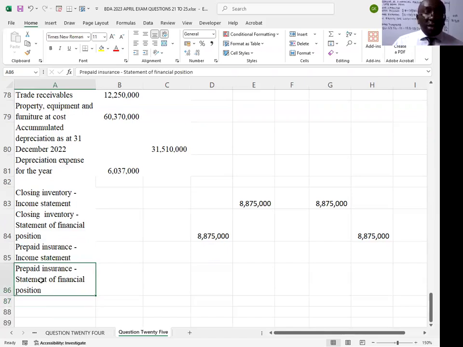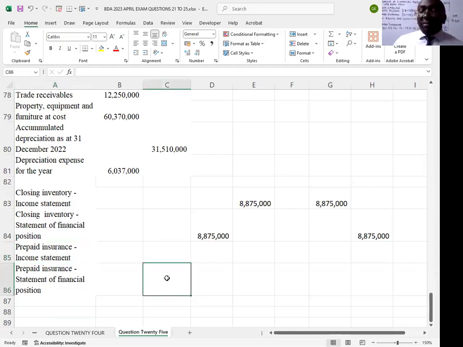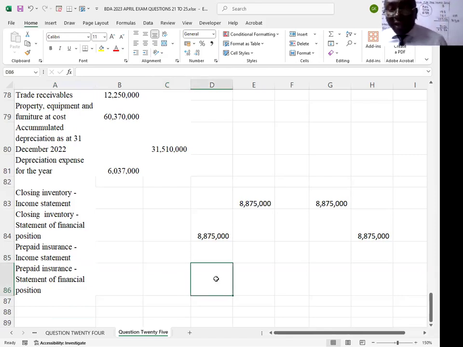So there is that which will go to the statement of financial position as a current asset, and which is going to the one which is going to the income statement as a reduction of the cost. So in the financial statements, because we are going there as an asset, we debit here.